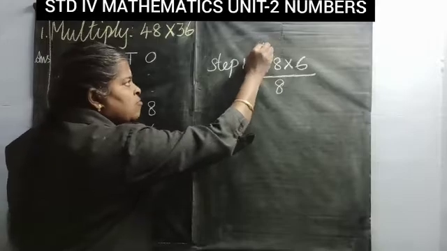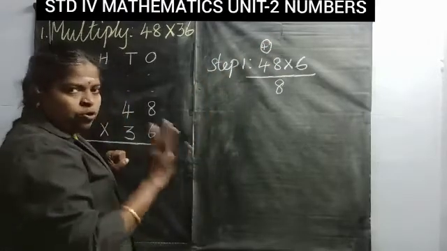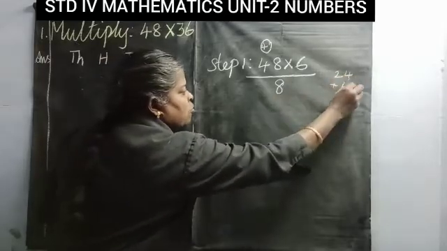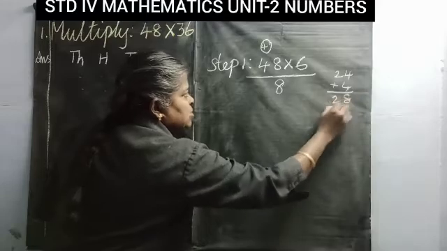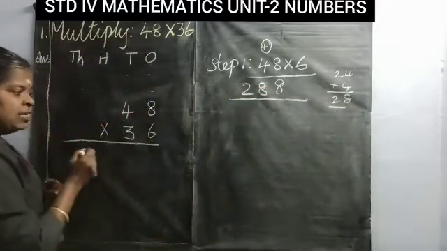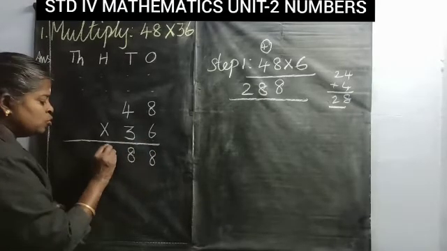Carry over 4. 6 fours are 24 plus 4, so 28. After that, we write 8, 8, 2.